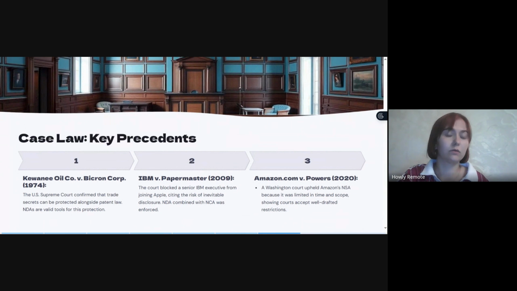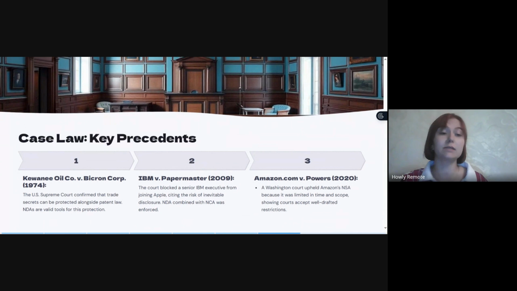The court ruled that NDAs and trade secret protections are valid even when the same information could be patented. Patents give public disclosure in exchange for exclusive rights, but trade secrets allow a company to keep valuable information private.